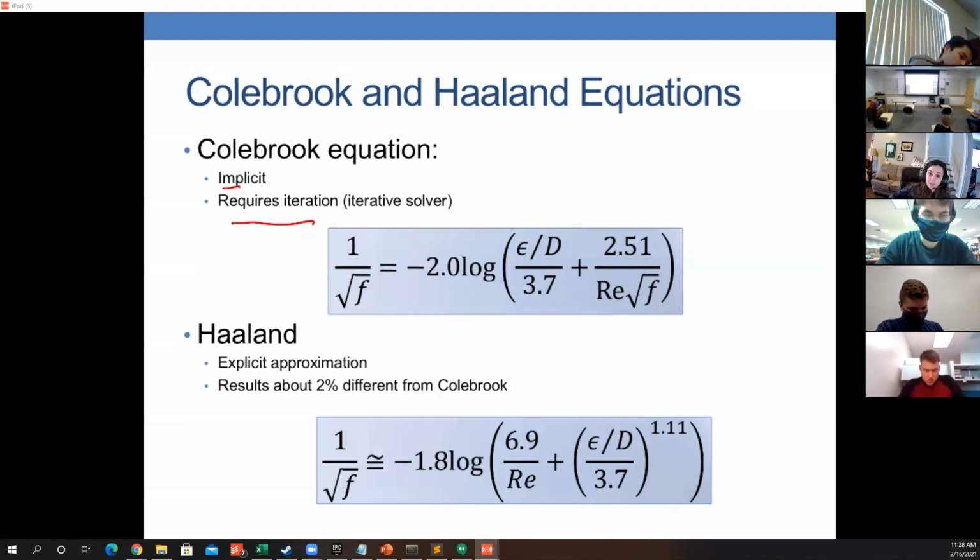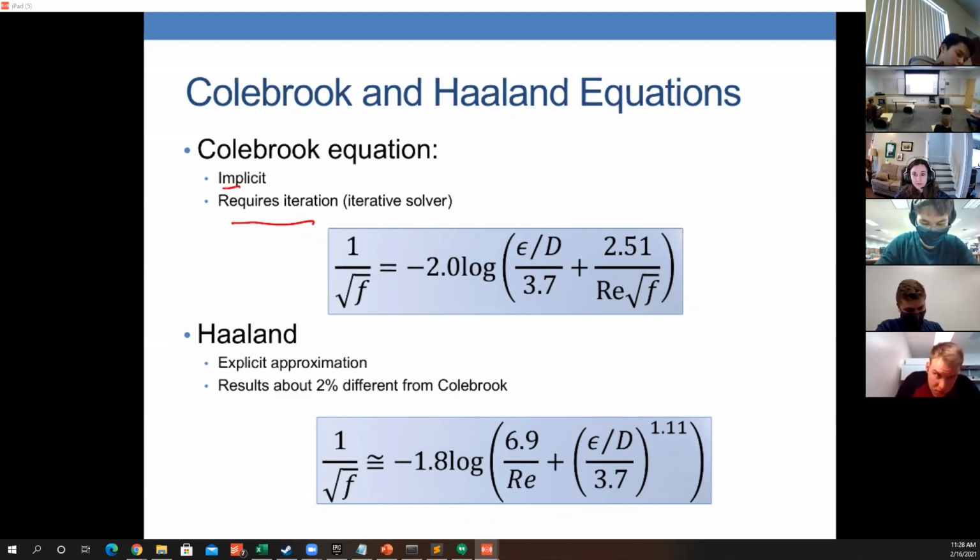But we live in the future, and we have tools for that. We have iterative solvers. You guys took 263. What kind of iterative solvers did you learn how to use? fsolve in Python. Did you learn how to use Solver in Excel too, or are we not teaching that in 263 anymore?